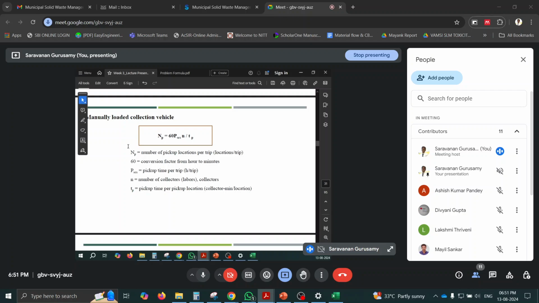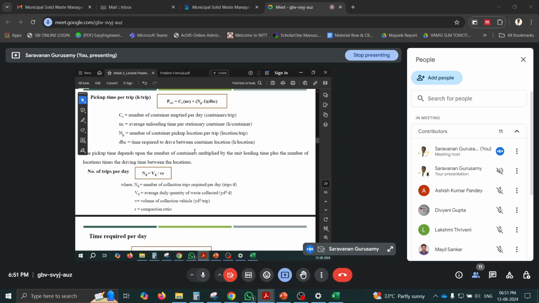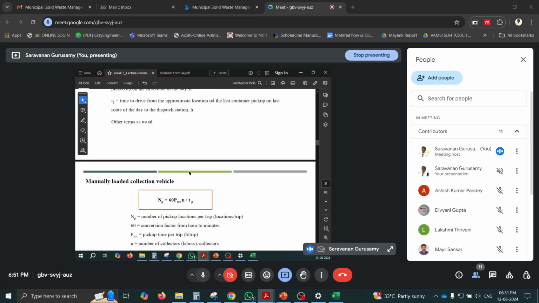So if it is a manually loaded vehicle, the number of pickup locations will be directly calculated with 60 into PSE and by TP. PSE we have already calculated with this formula, CTUC plus NP minus 1 into DBC.